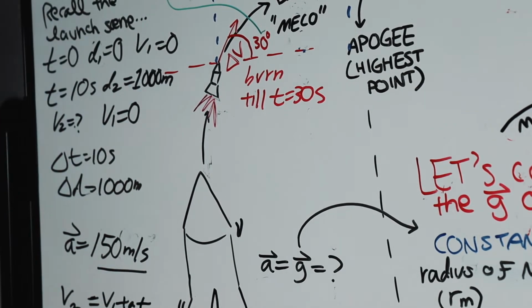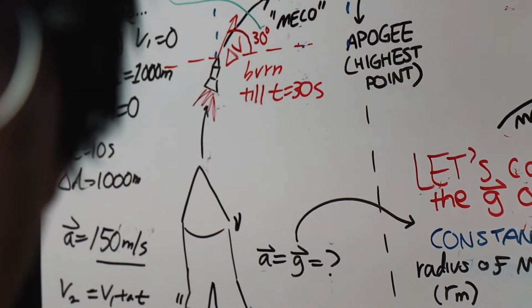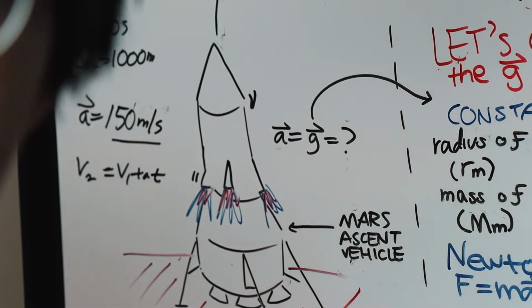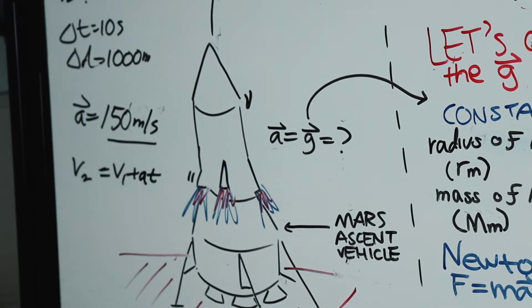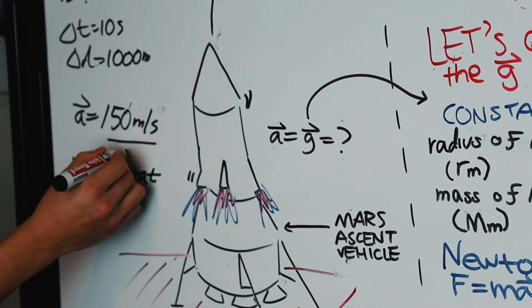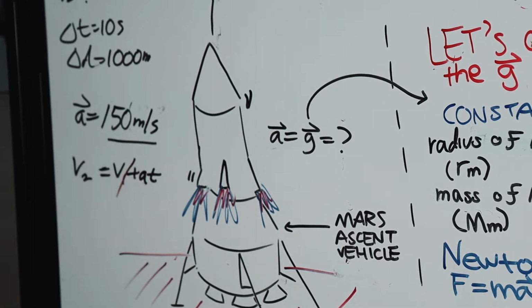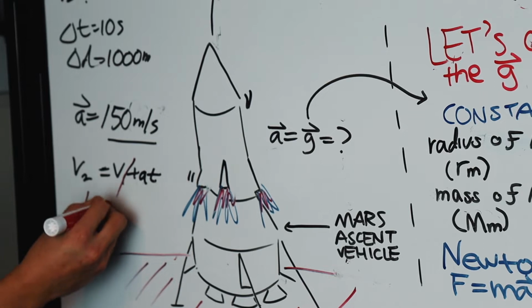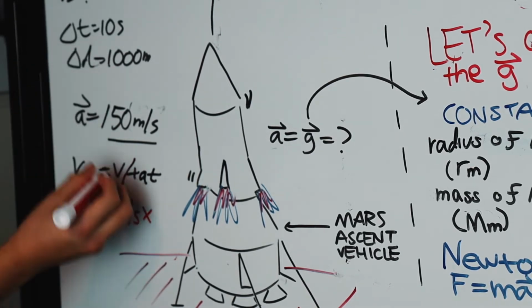In this case, we do not know what V2 is. V1 equals 0, so we're going to cancel out V1. And we just need acceleration, which is 150 meters per second squared, multiplied with time, which is 10 seconds.